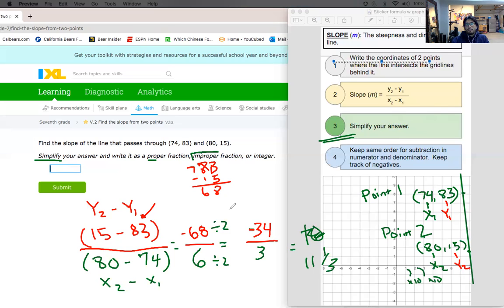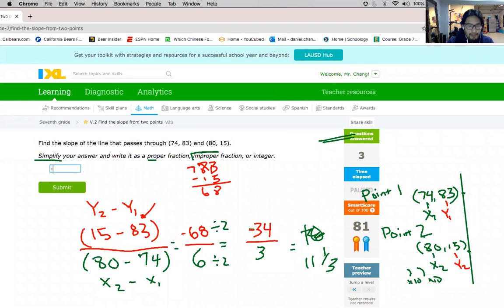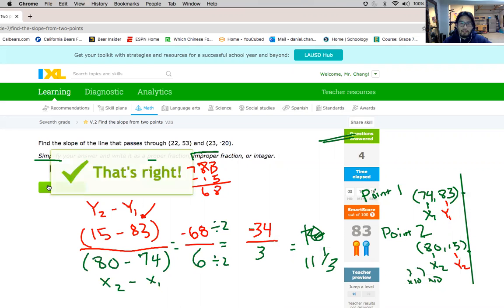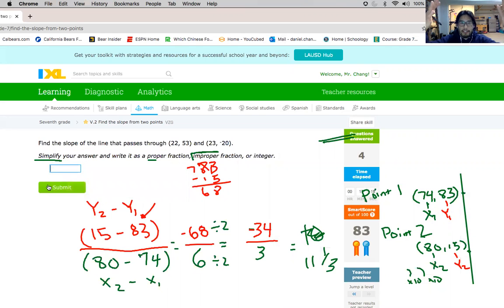An improper fraction, which is what we have here, negative 34 over 3, negative 34 thirds, has a numerator larger than the denominator. Negative 34 divided by 3. Keep your fingers crossed. That's right. We got 2 points. Yay.